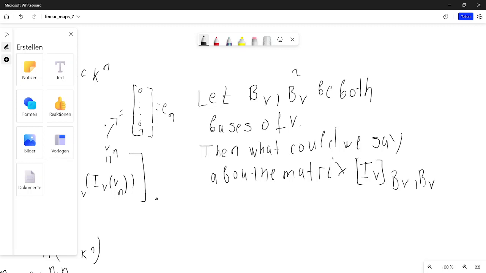That is, we are just mapping by the identity map, and we are just taking this matrix and the vectors we want to have.